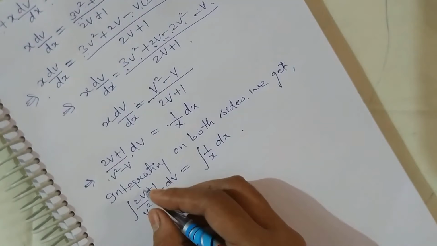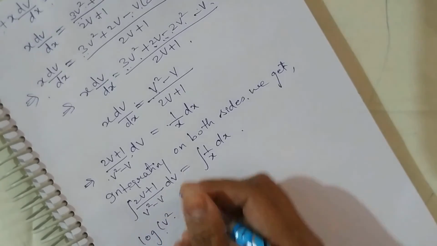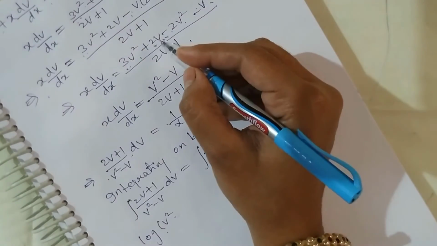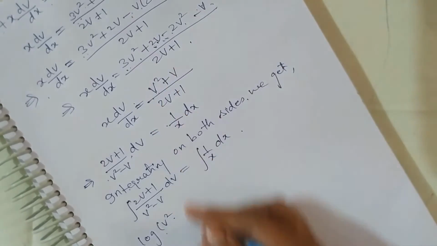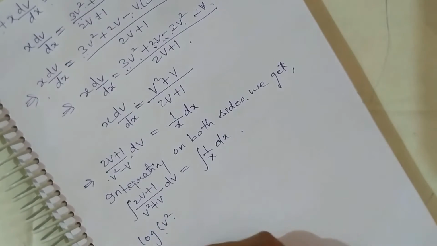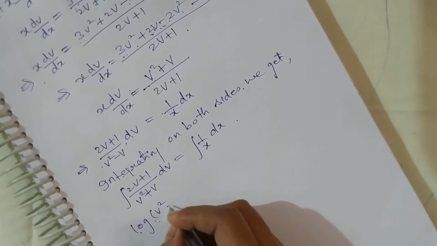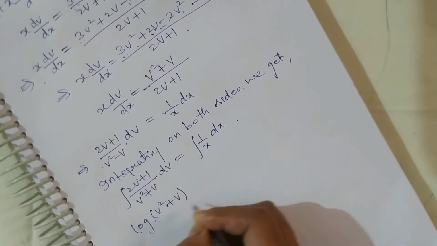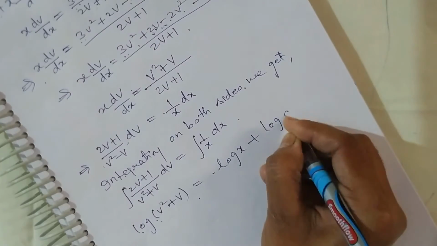Now integrating this, we get log v square plus, here 2v minus v is plus v, sorry, here also comes plus, log v square plus v is equals to log x plus log c.